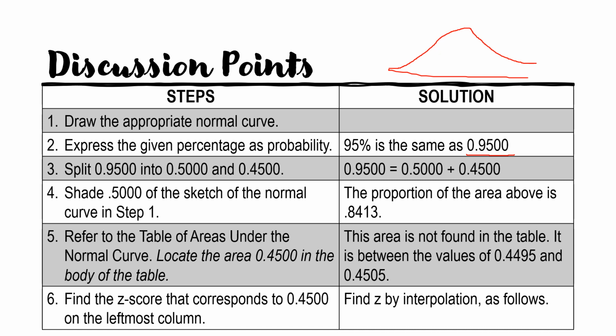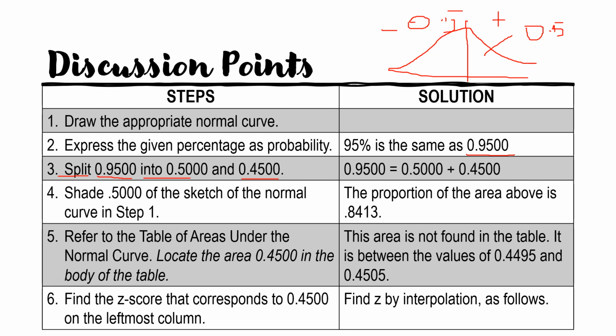So for number 3, you're going to split 0.95 into 0.5 and 0.45 because half of the total area of your normal curve is equal to 0.5. So 0.5 for the positive and 0.5 for the negative.